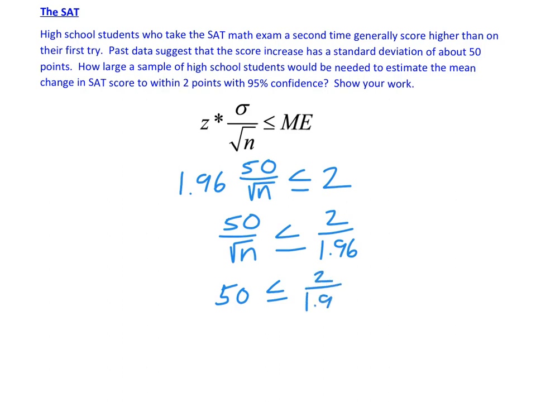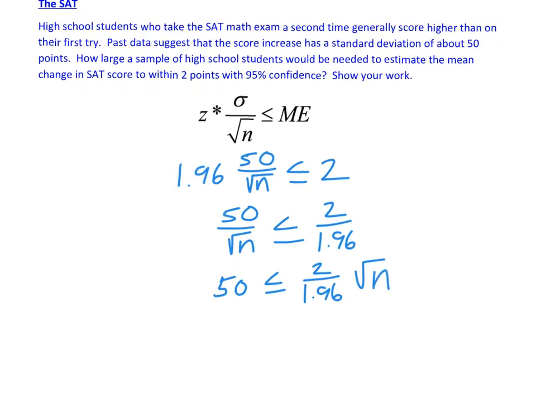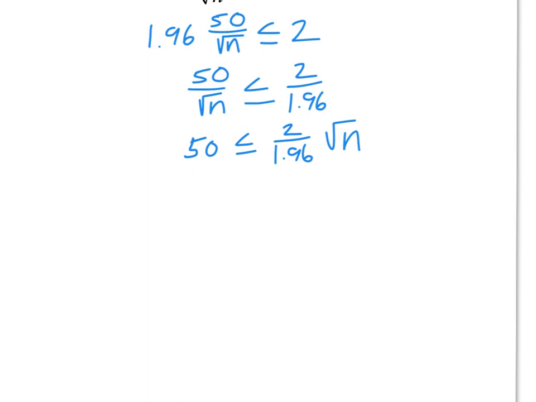Next step would be to multiply both sides by the square root of n. Then I would divide by whatever 2 over 1.96 is, obviously some number that's a little bigger than 1.